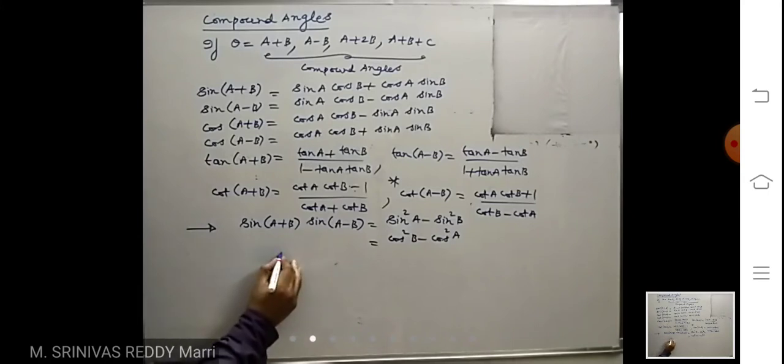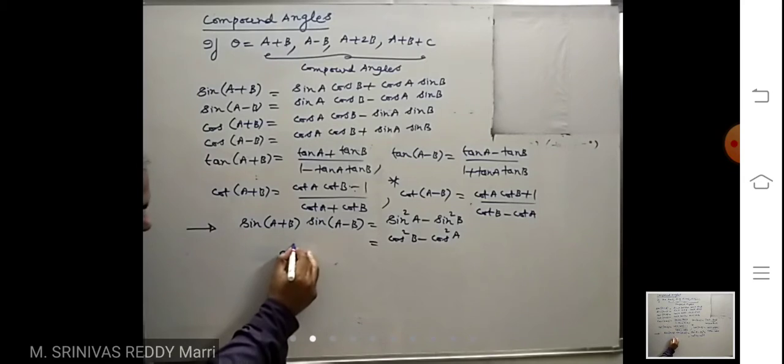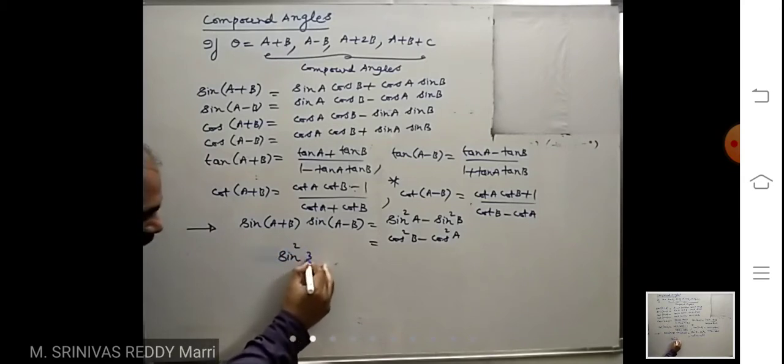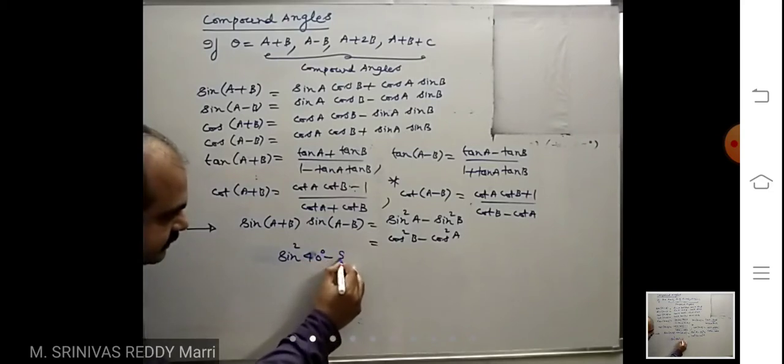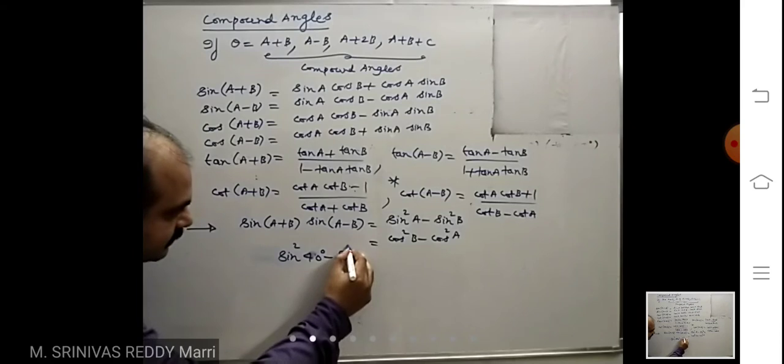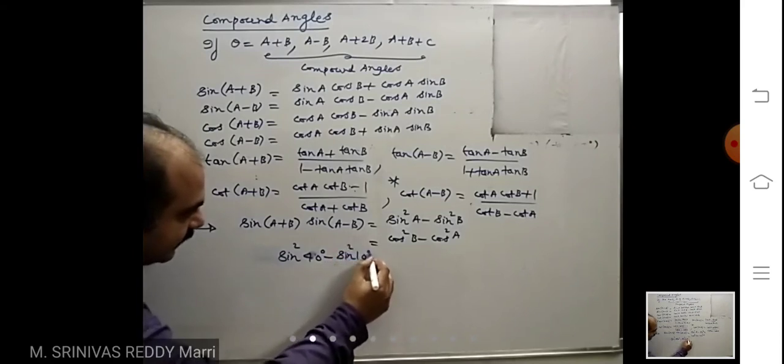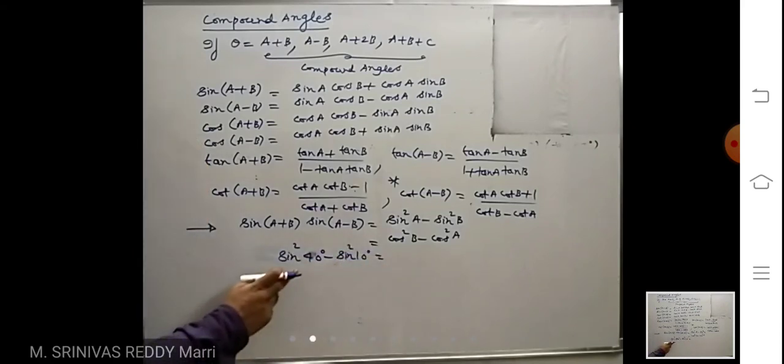Suppose it is like this. Look at how to use this formula. Sine square 40 minus sine square 10, suppose like this is there.